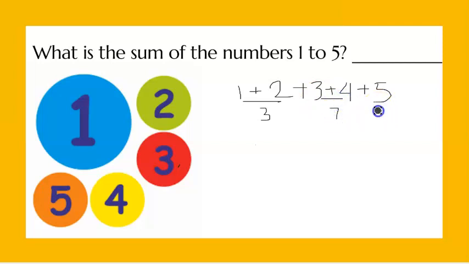Then I have 5 here also. So 3 plus 7 will give me 10. And then I have 5 left here. Then 10 plus 5 gives me 15. So I have 15 because 1 plus 2 is 3, 3 plus 3 is 6, 6 plus 4 is 10, 10 plus 5 is 15.